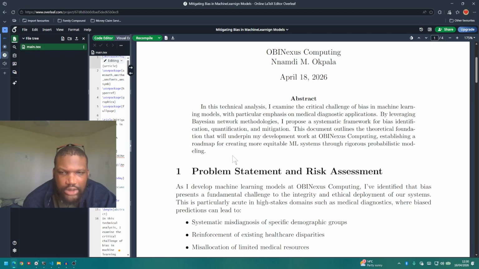In this technical analysis, I examine the critical challenges of bias in machine learning models, with particular emphasis on medical diagnosis applications, leveraging Bayesian network methodologies and providing a systematic framework for bias identification, quantification, and mitigation. This document outlines the theoretical foundation that will underpin my development at Open Access Computing, establishing the roadmap toward more equitable machine learning systems through rigorous probabilistic modeling.